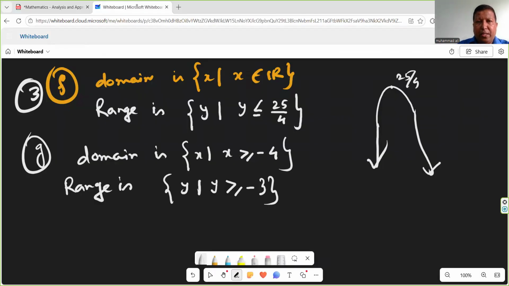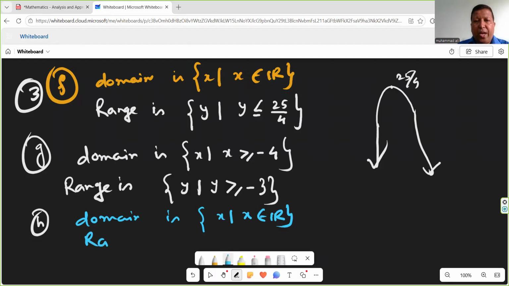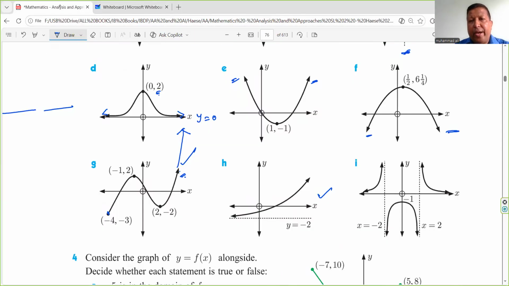So the domain is x such that x belongs to real numbers, and the range is y such that y is greater than -2, because this curve never touches the line y equals -2.